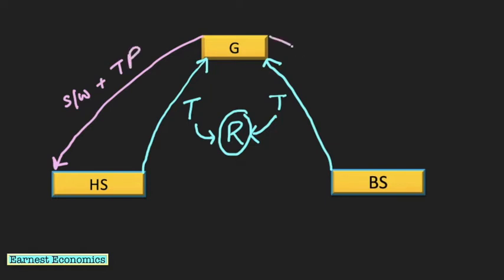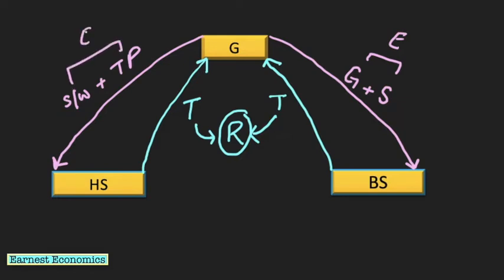And also, the government sector makes expenditure on the business sector by buying goods and services from the business sector plus providing subsidies to the business sector, and this also becomes part of expenditure for the government. Now we can understand that this is the total expenditure for the government and this is the total revenue for the government.